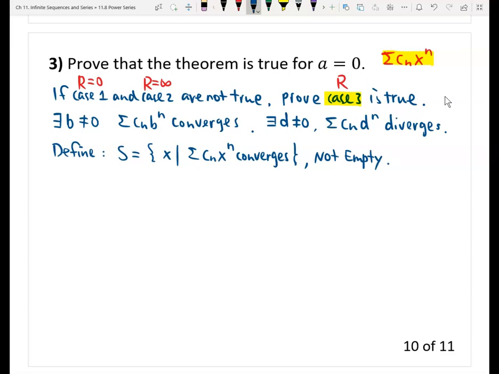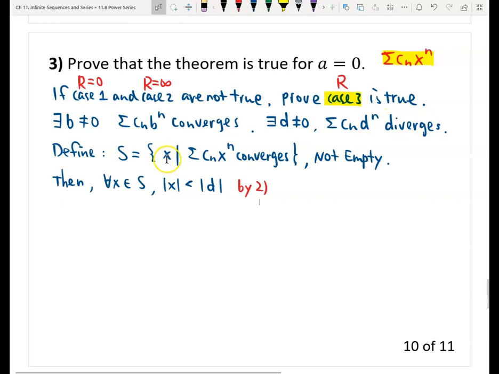And another thing, we can use the results from step 2: for any x belonging to S, the absolute value of x is controlled by the absolute value of d. Does this make sense? Because the point d diverges, and remember outside of d everything diverges, right?